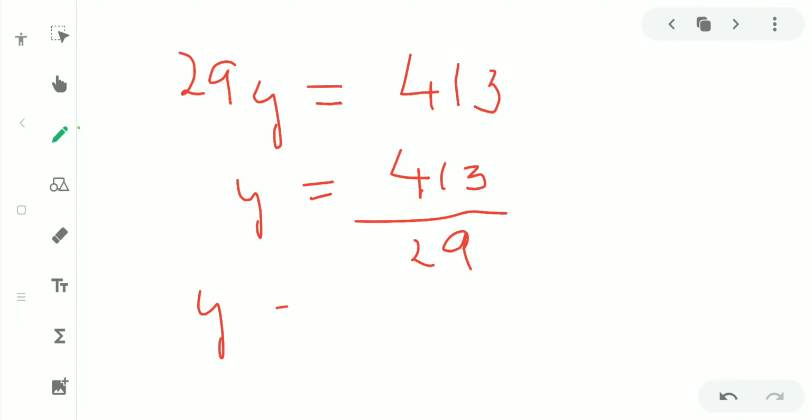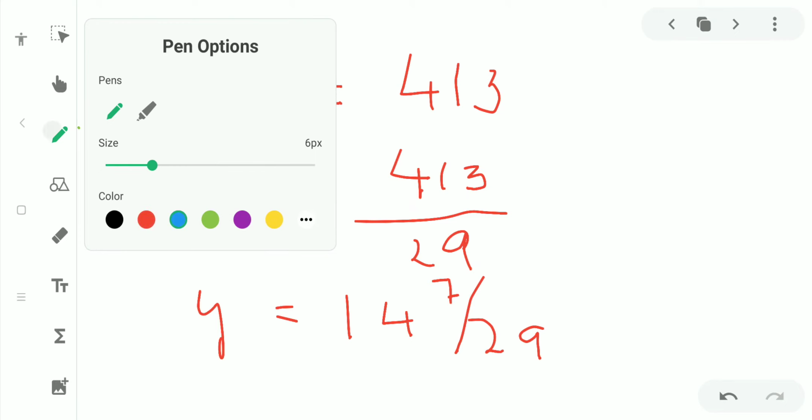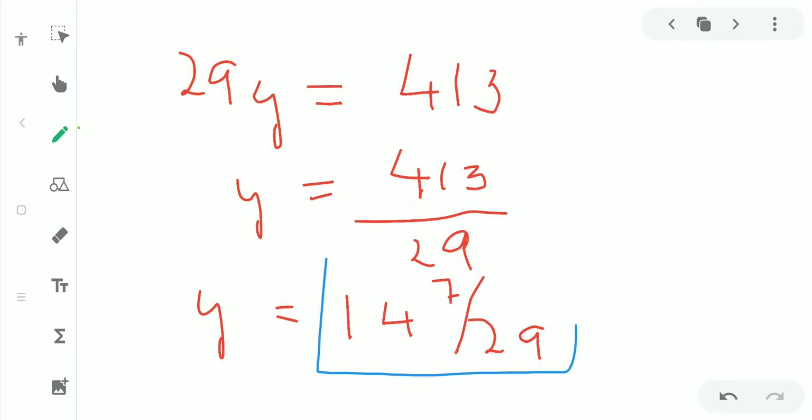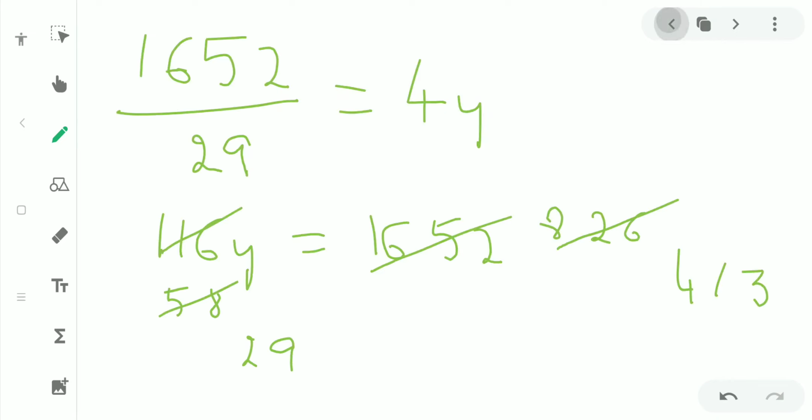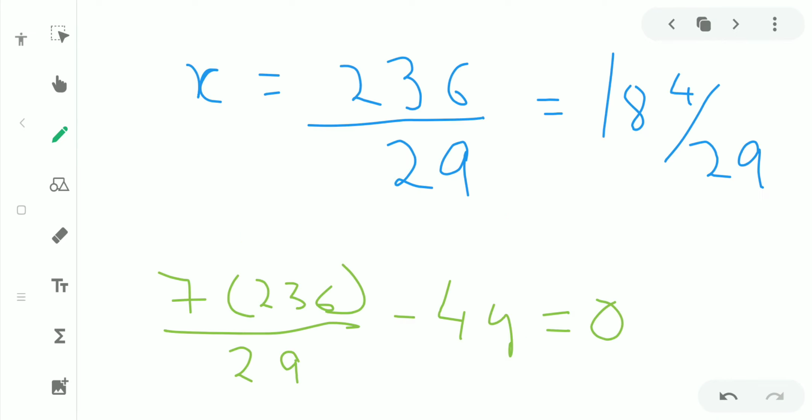So our y will be 14 and 7 by 29. So I just converted it into a mixed fraction. So this will be our y value and this will be our x value.